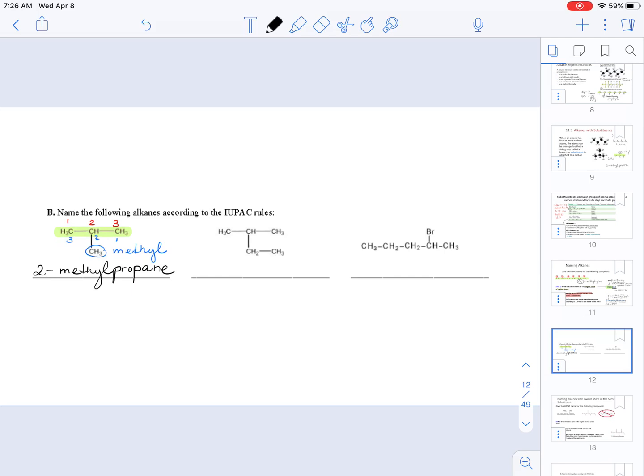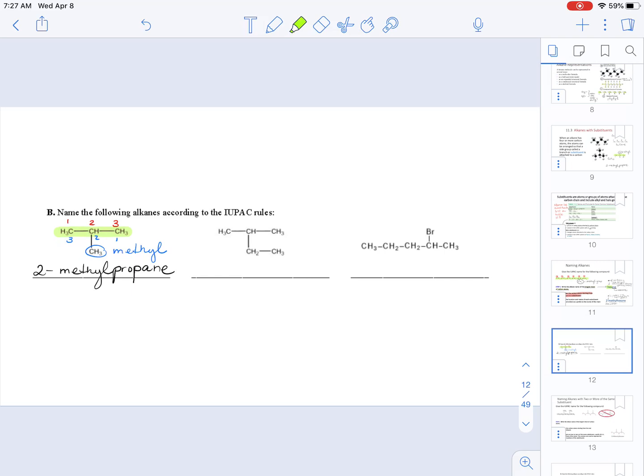Now, you must practice at home how to find the longest carbon chain. Please don't get used to just choosing the longest carbon chain as what you see from left to right. The longest carbon chain can be found in any type of arrangement.